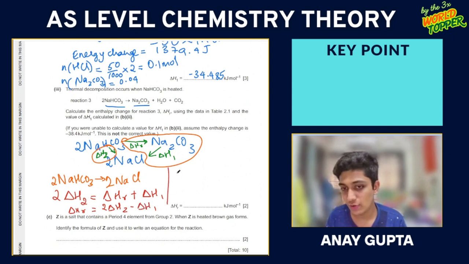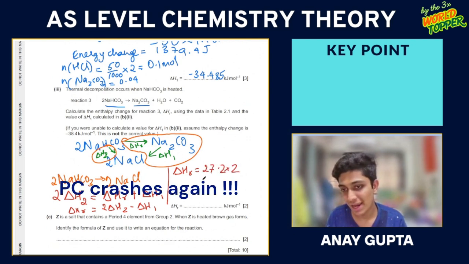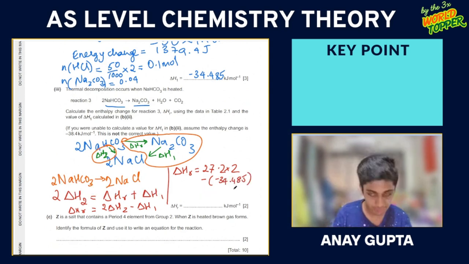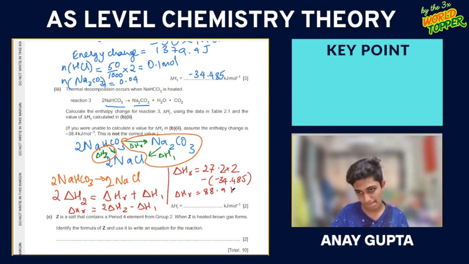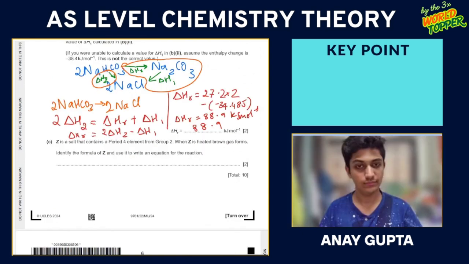So delta HR is equal to 27.2 times 2 minus negative 34.485. Minus of minus gives us plus, guys. Always remember the algebra. So 27.2 times 2 plus 34.485 will give me 88.885 or 88.9 kilojoules per mole.